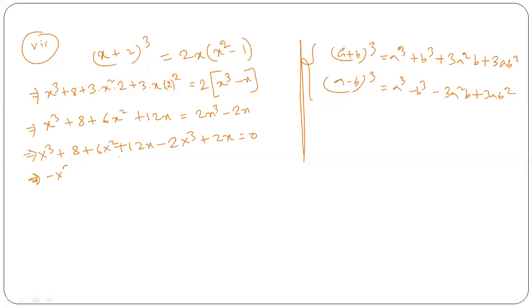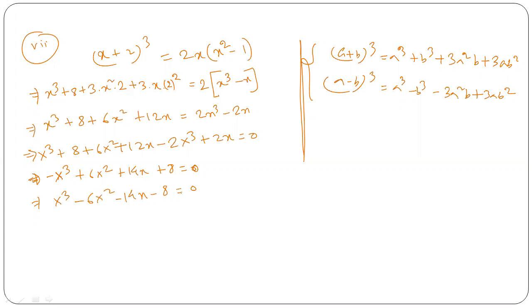Then 6x², then 12x + 2x, so it will be 14x, then + 8 = 0. Now multiply both sides by the minus sign, so it will be x³ − 6x² − 14x − 8 = 0, and 0 multiplied is 0 itself, yes or no?